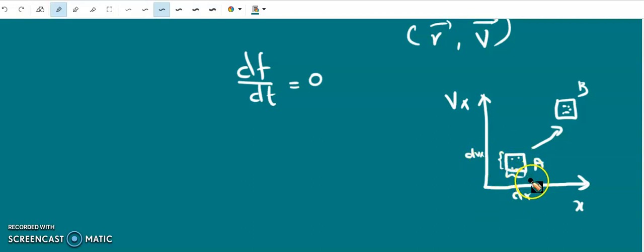So the group of particles in the infinitesimal element dvx into dx at A all have velocity vx and position x, up to a small x plus dx. dx is infinitesimally small. It's very small. Almost the same position and velocity.